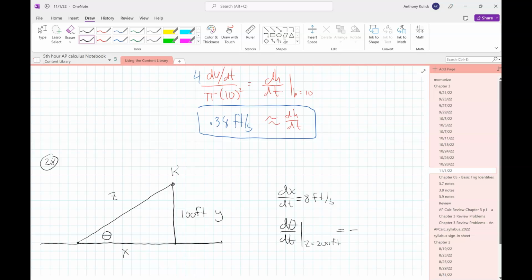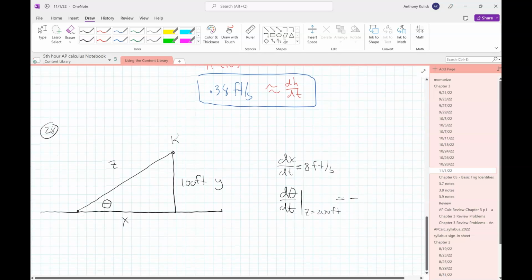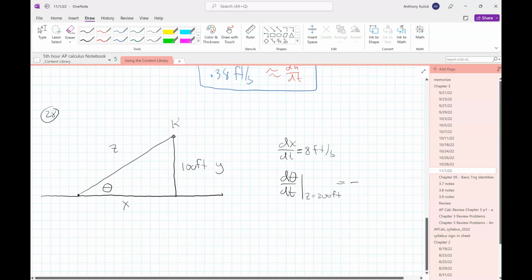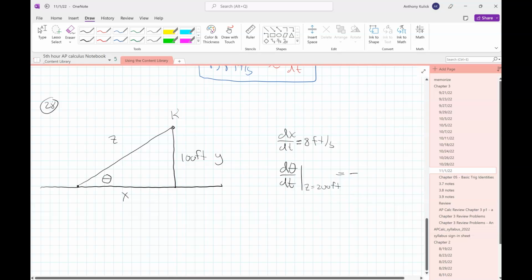Okay. So what relationship do I want that's going to relate theta and x? What are my options here? Because we know about dx/dt, so we're going to need to use that.